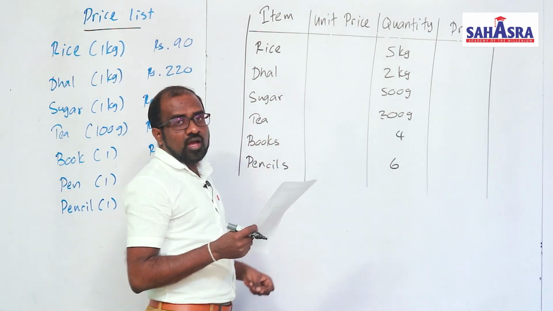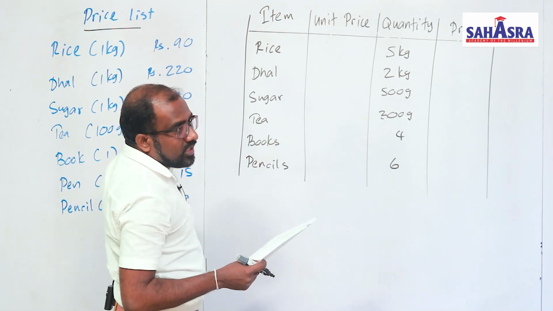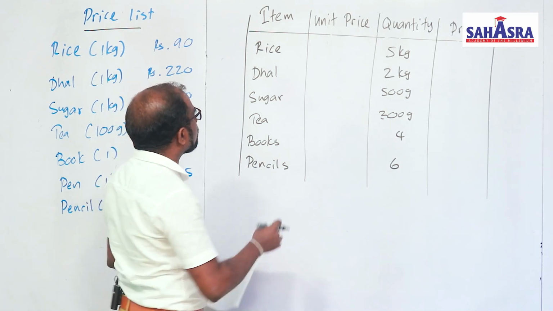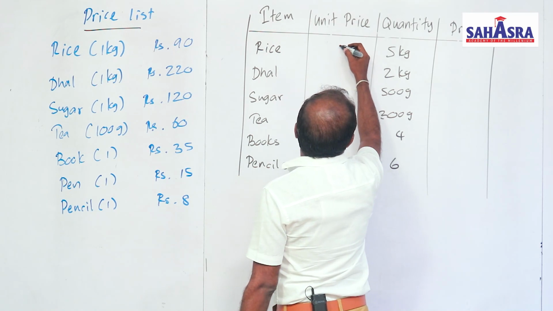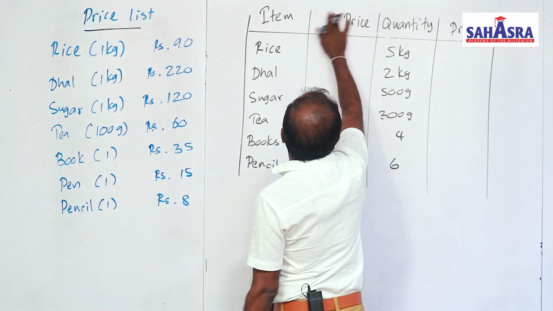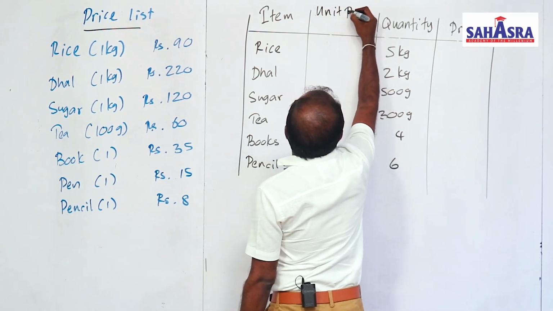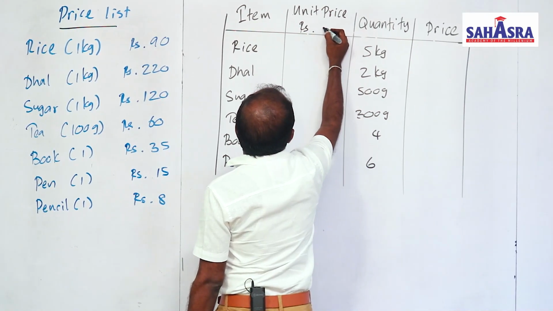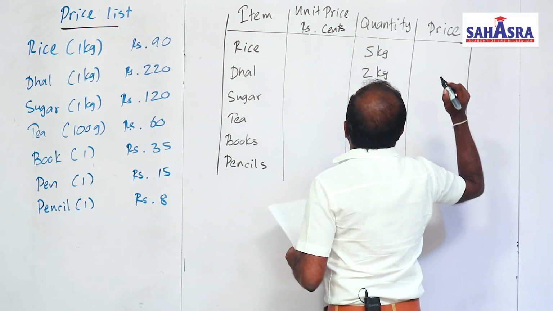Then unit price. Where can you get the unit price, children? Unit price in the price list. There you have the unit price, right? Rice. What is the price of 1 kilogram? 90 rupees. Right? So in the unit price column, rupees and cents.